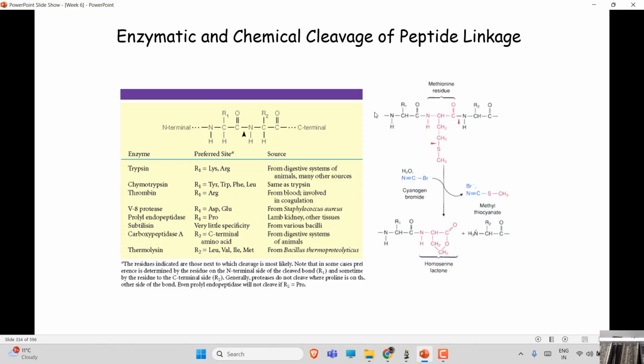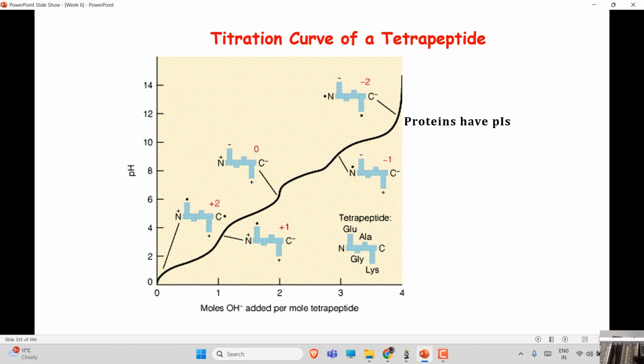If we talk about enzymatic and chemical cleavage of peptide linkages, you can see the source of all these amino acids on the left hand image. This is a titration curve of a tetrapeptide.